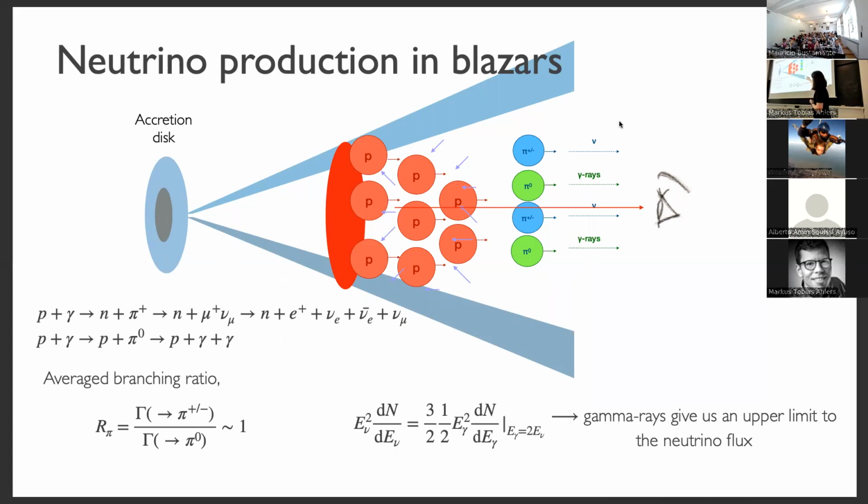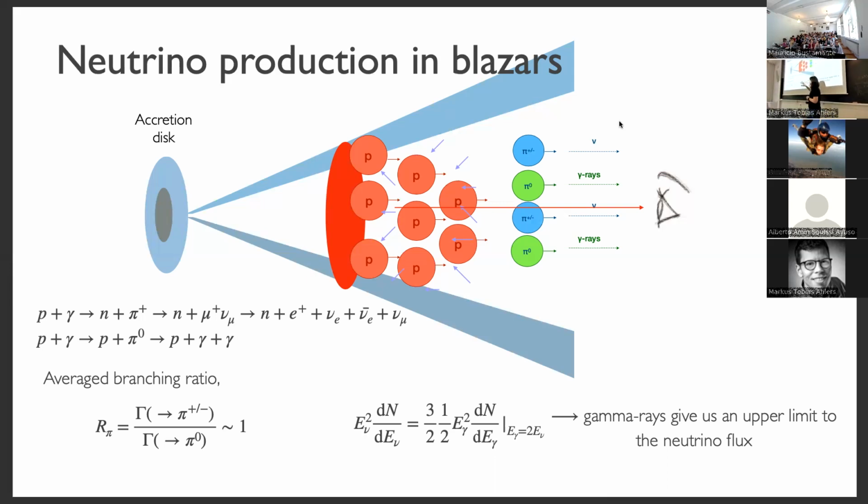These protons are traveling relativistically down the jet, and they have photopion interactions with photons, either from the jet itself, which we've seen is very bright, or photons associated with the supermassive black hole.